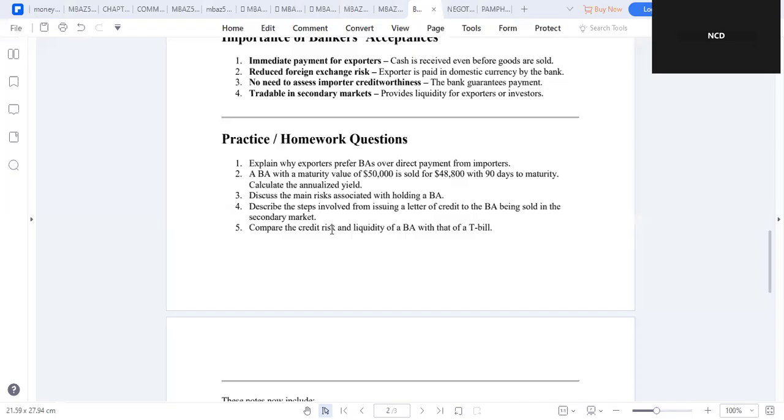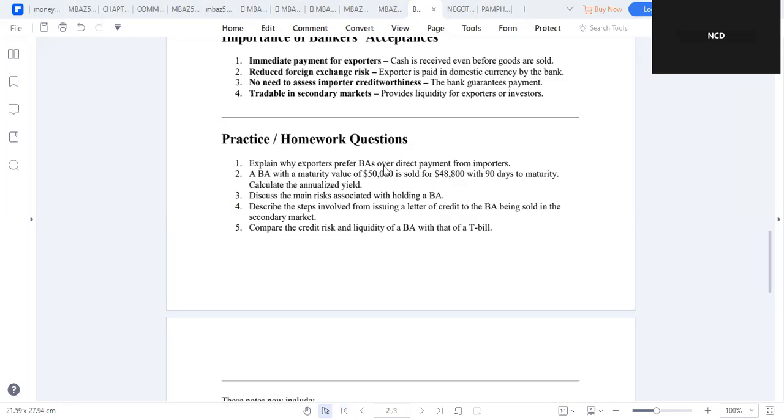Then, describe the steps involved in issuing a letter of credit that is then sold in the secondary market. The steps are as follows. Number 1, you have a trade agreement.